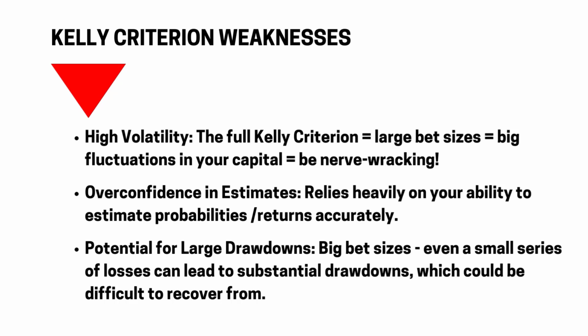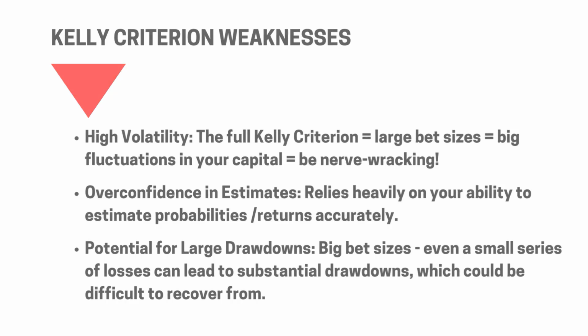If you're not giving the Kelly Criterion decent input, it's garbage in, garbage out, I'm afraid. It's going to mess up the estimates of probabilities and returns, and that can equal losses and poor results. And finally, large drawdowns. With the big bet sizes, even a small series of losses could potentially wipe you out and be very difficult to recover from.